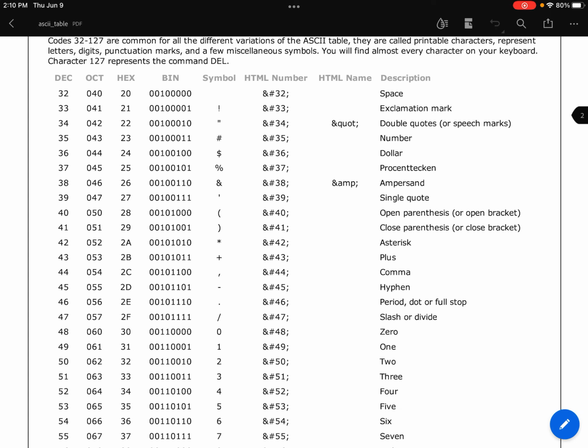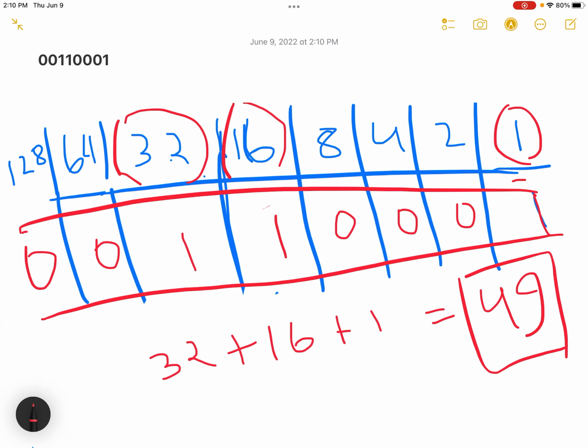So I believe you have understood the binary code, how to write it, how to convert from binary to decimal, and from decimal to binary. If you follow this place value pattern system of binary, you can easily convert binary numbers to decimal or decimal numbers to binary. And this is the easiest pattern.